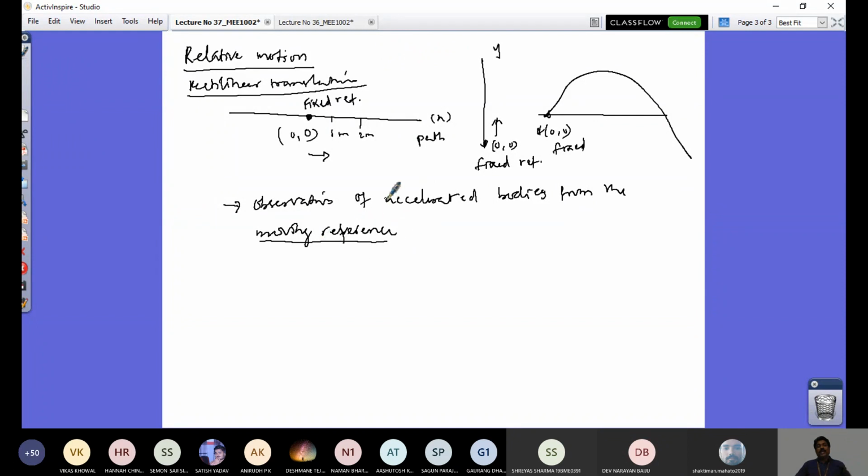So what is the difference between fixed reference and the moving reference? Observation of accelerated bodies from the moving reference brings in the concept of relative motion.